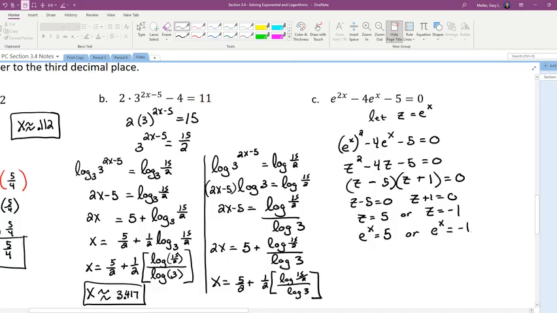And so now, to solve this, I need to figure out what x is. So I would take the natural log of both sides or just switch it into logarithmic form. And I would have x equals the natural log of 5 or x equals the natural log of negative 1.